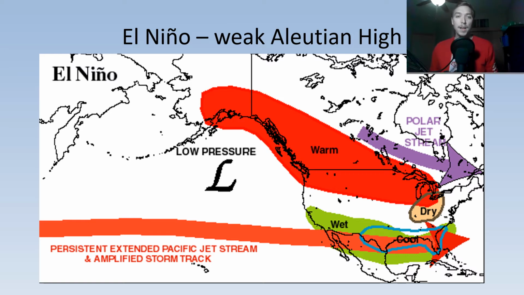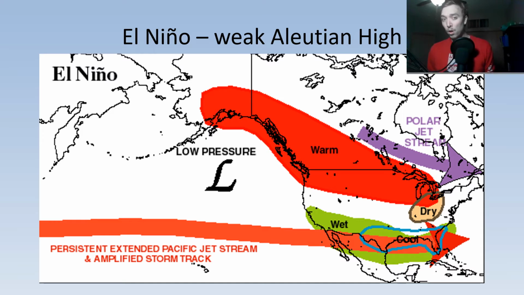Here we can see with El Ninos, we have a weak Aleutian high. We remember back to our pressure lecture from a few weeks ago. Here is that high pressure system that sets up often in the winter, and it is suppressed because of this weakened gradient. The polar jet stream is shifted a little bit to the north.